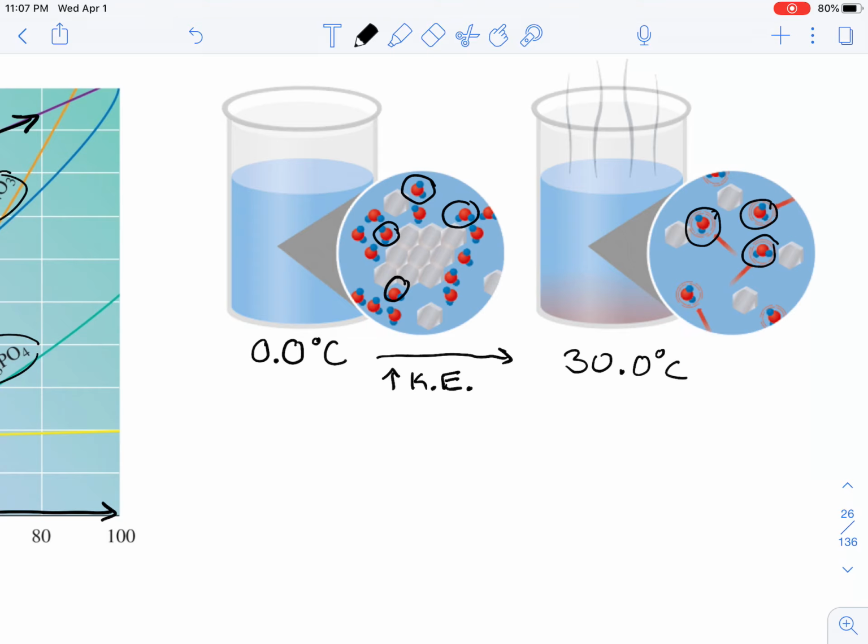And if these water molecules and the solutes are colliding amongst each other at a higher rate, then it's going to break up these solid crystals into individual pieces, allowing the solute crystal to be dissolved at a higher temperature.